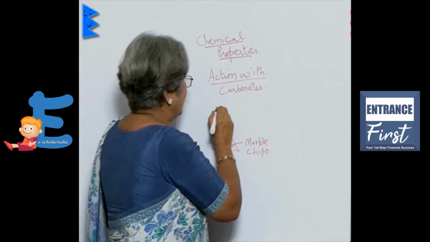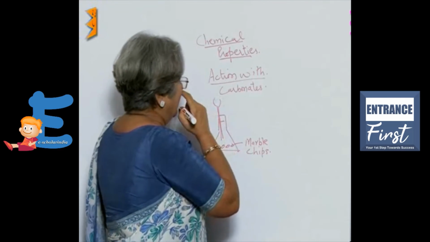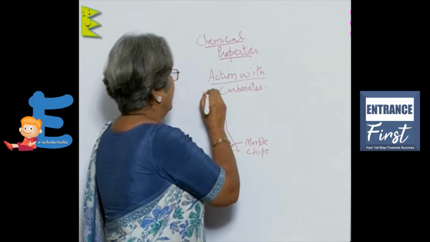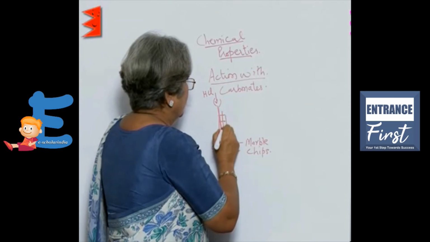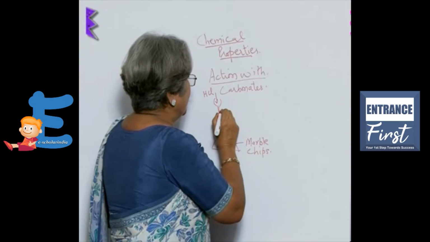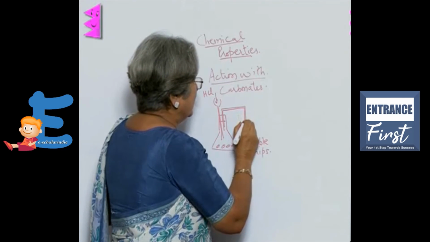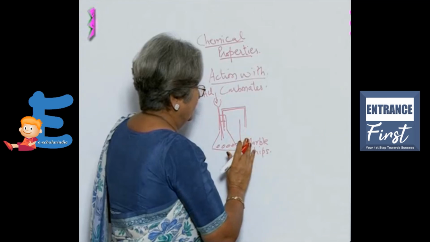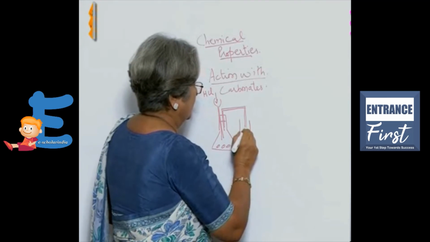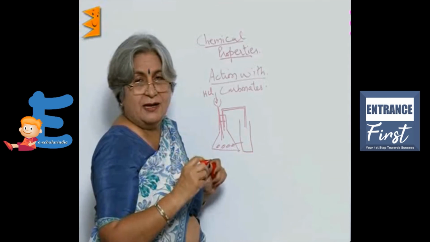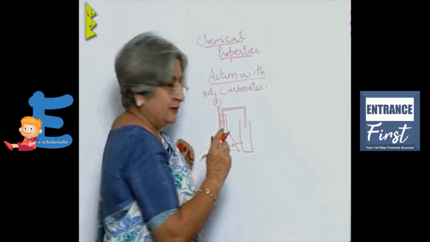With the help of a thistle funnel, you can pour hydrochloric acid over it. From the second hole of the cork, you can collect the gas that is being produced. So when we pass this gas through lime water, it turns white.